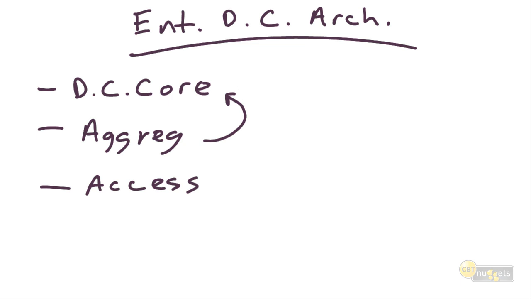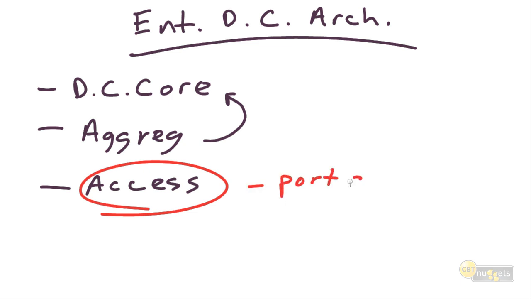The data center access layer, well, it's all about having a nice high port density and also having a large variety of port types in order to provide the connectivity that the various servers and SAN and LAN components are going to need in the modern data center.